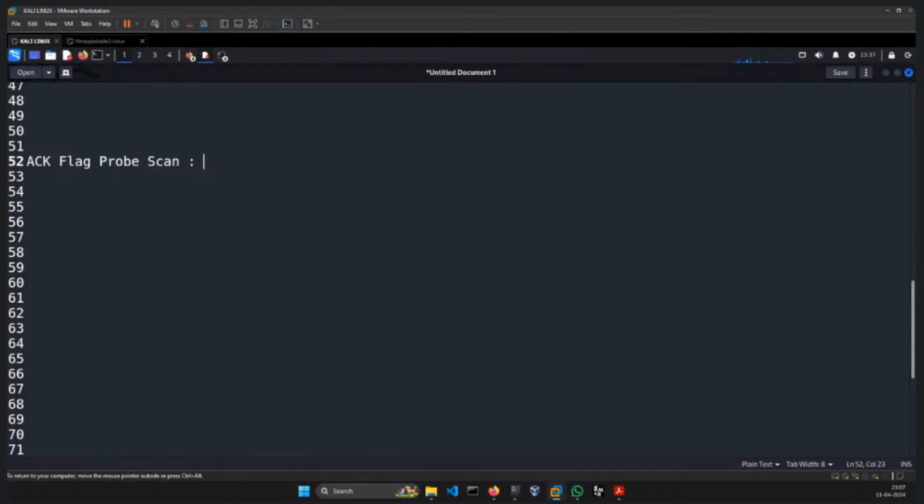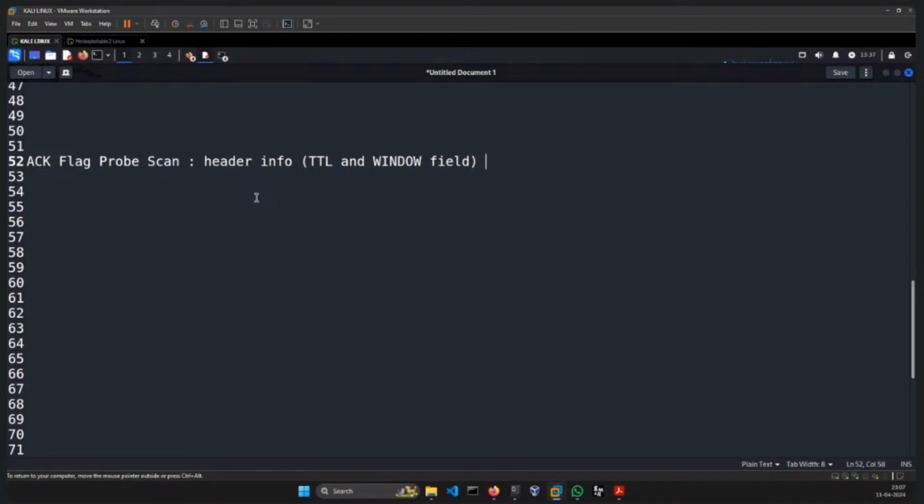In the header information, there are the TTL and the window field. These are present in the IP header, right?